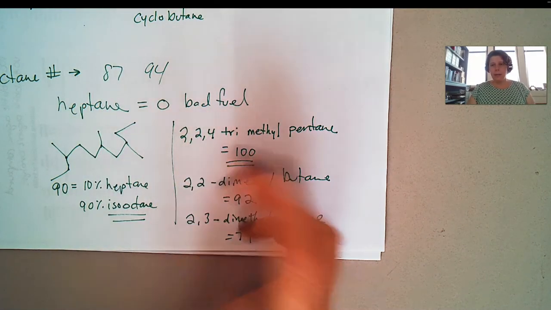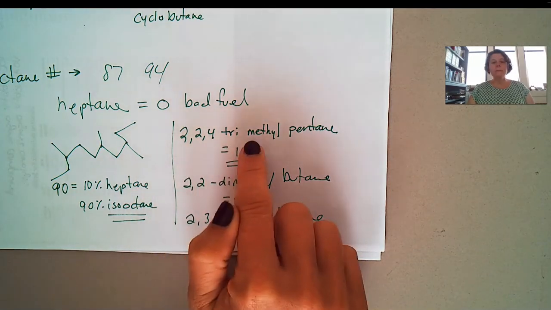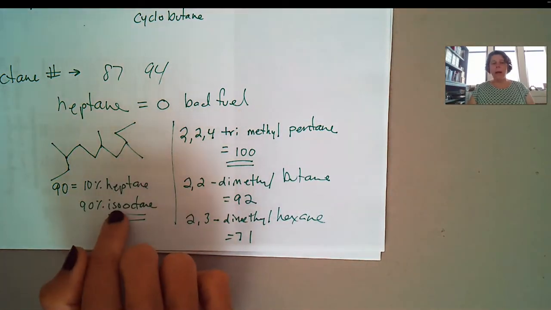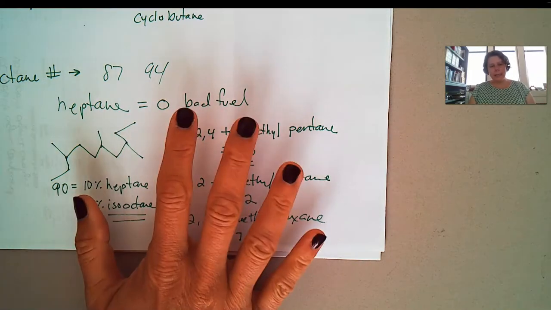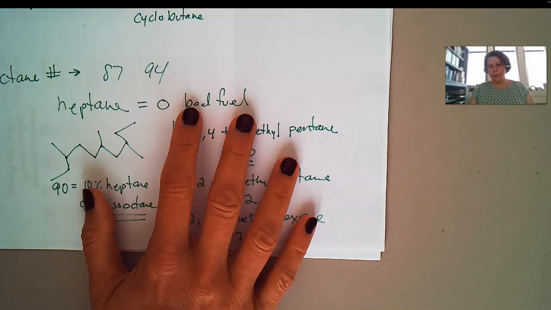Then they test how much it ignites, compare it to 2,2,4-trimethylpentane, and come up with their octane rating. So isooctane is just a mix of different small chain compounds.